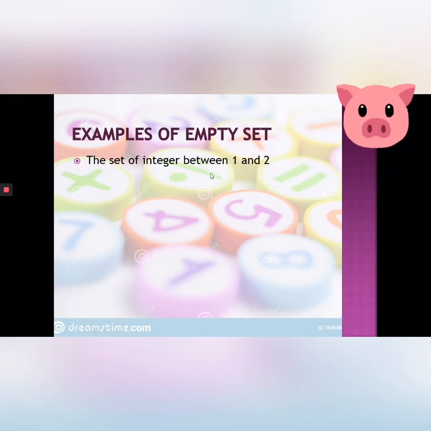So what are the integers between 1 and 2? Since integers are only zero, negative, and positive numbers, and there are no decimal numbers, there is nothing, no integer, between 1 and 2. So that's an example of an empty set.